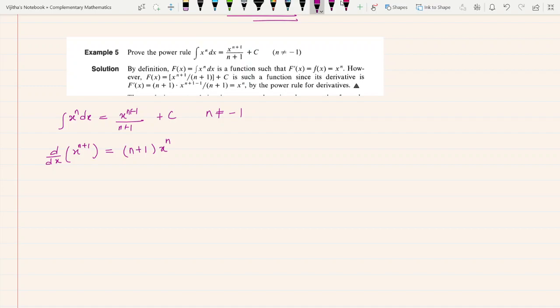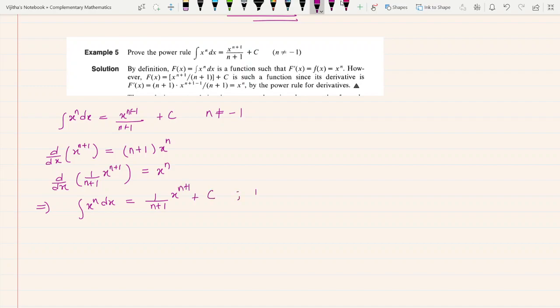Okay, so here it should be x raised to n, but here we have n plus 1 also, which means we have to divide by n plus 1. So we see that d by dx of 1 by n plus 1 x raised to n plus 1 is x raised to n. So this implies that integral x raised to n dx, that is the antiderivative of x raised to n, is 1 by n plus 1 x raised to n plus 1 plus a constant c.